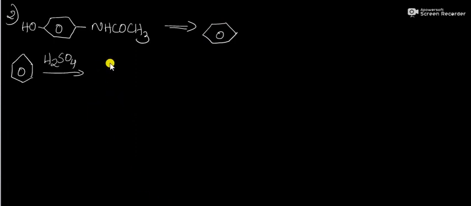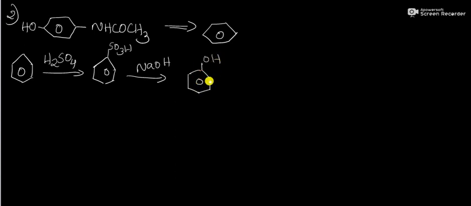Benzene on sulfonation will convert into benzene sulfonic acid, SO3H, which on reaction with sodium hydroxide will convert into phenol, which on nitration using nitrating mixture, concentrated HNO3 and concentrated H2SO4, will convert into para-nitrophenol.